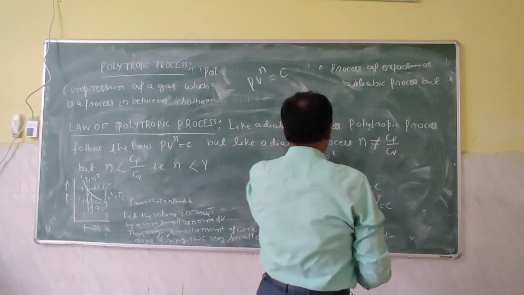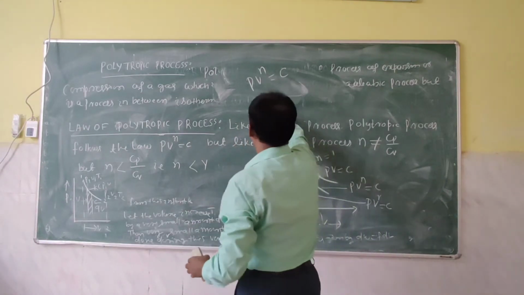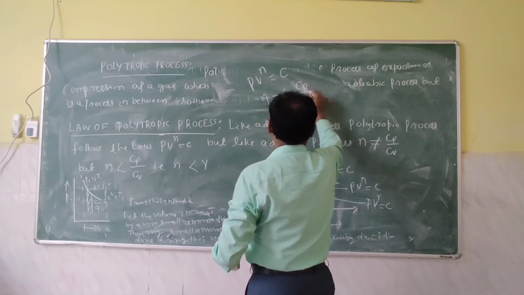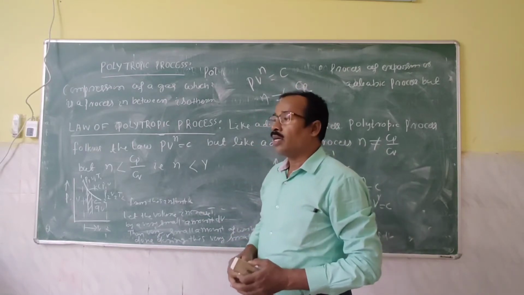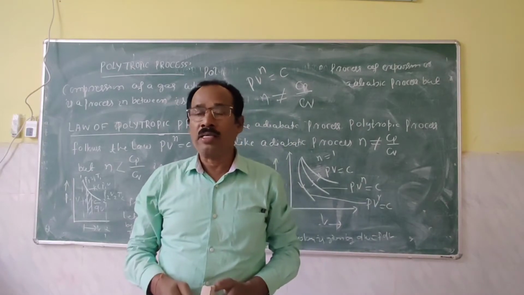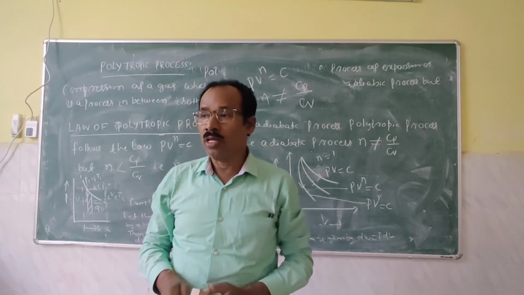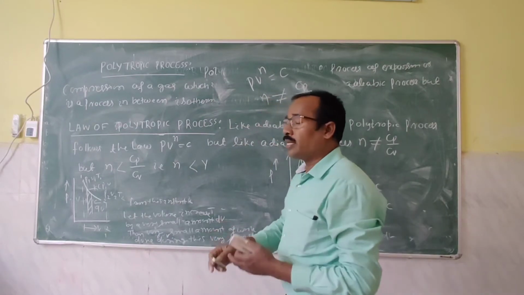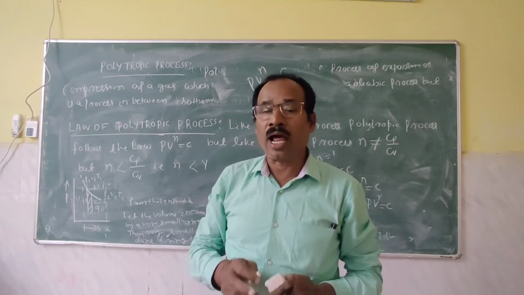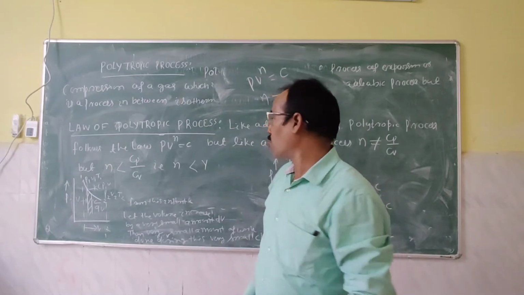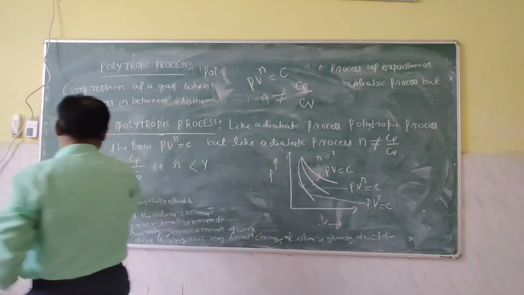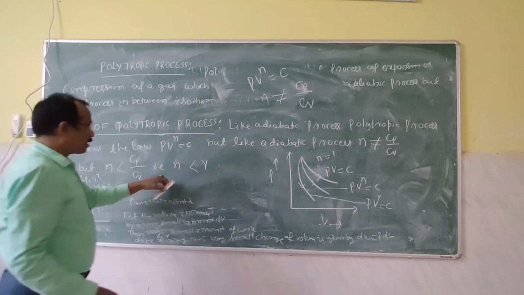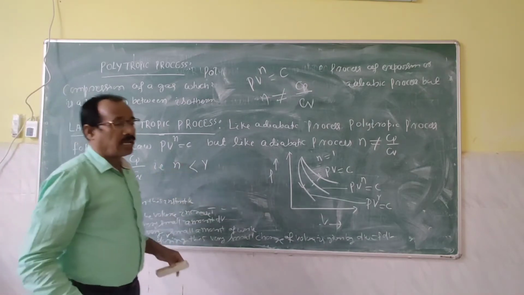But unlike adiabatic process, n is not equal to Cp by Cv, because the value of gamma is equal to 1.4. Therefore, the value of n is in between 1 and 1.4. But n is less than Cp by Cv, that is n is less than gamma.